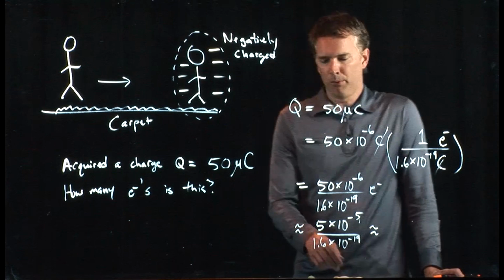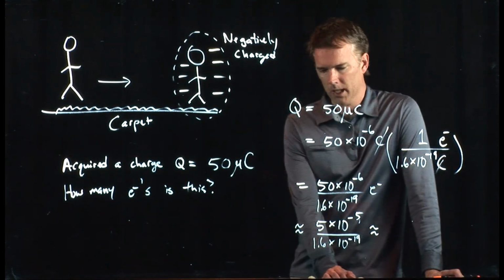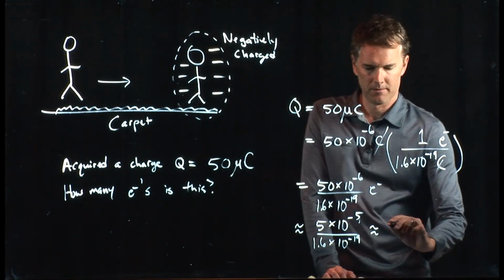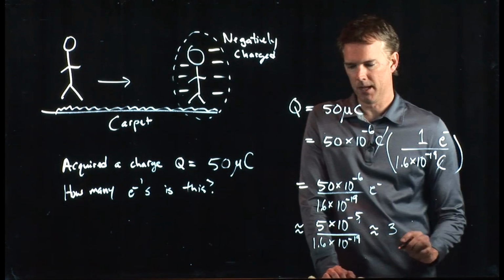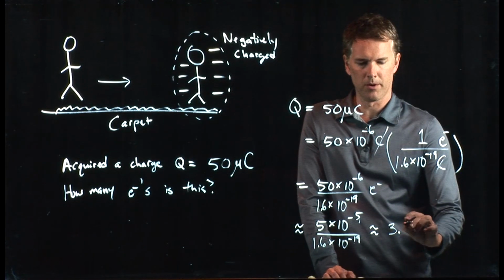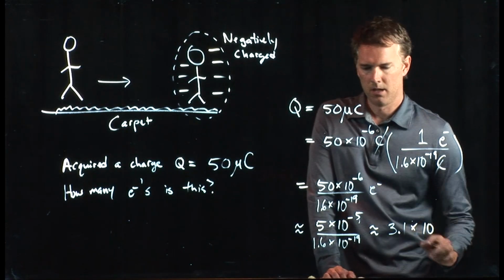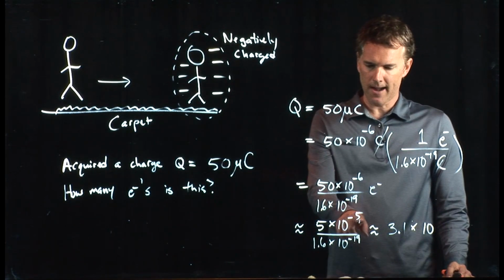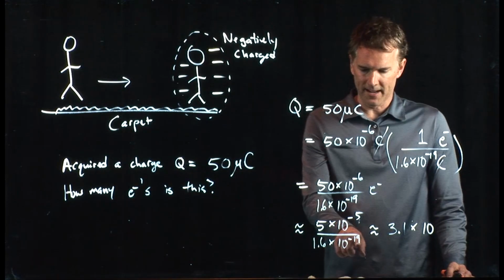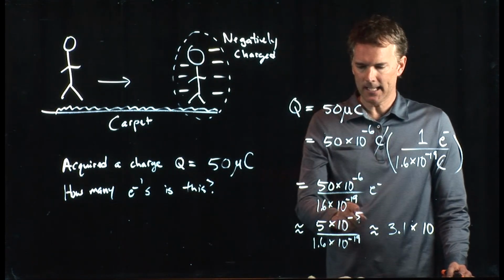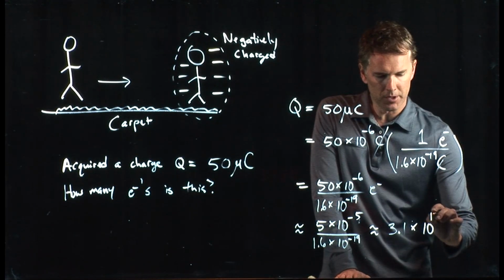And 5 over 1.6, it's got to be really close to 3, right? Maybe a little bit more, 3.1 times 10 to the what? We've got a minus 5 up there. We have a minus 19, so we're going to add 19 to a negative 5, and so we get 14.